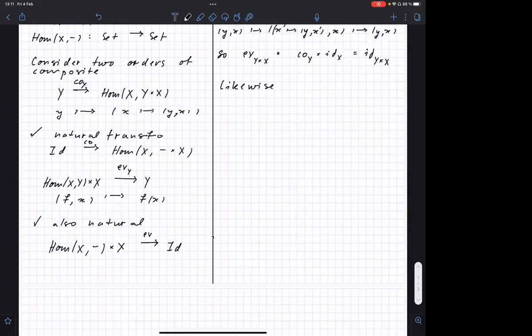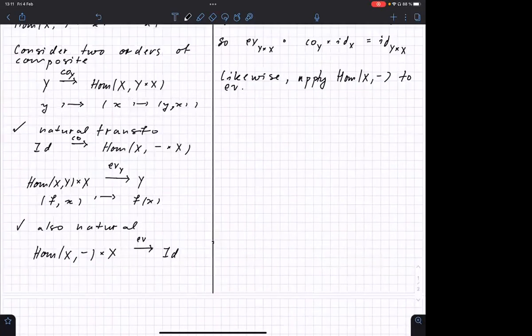So I could apply Hom x blank to evaluation. And then what do I get? Let's see.